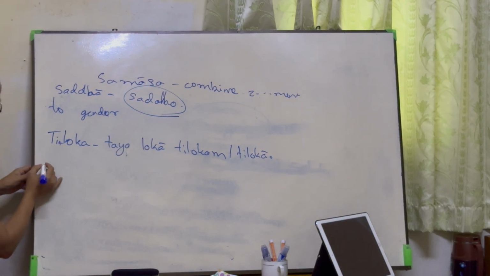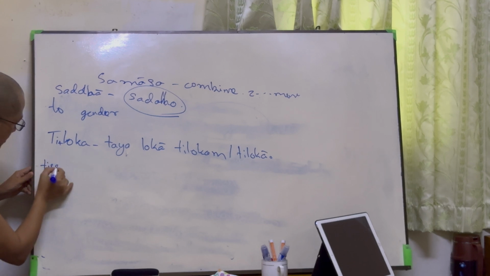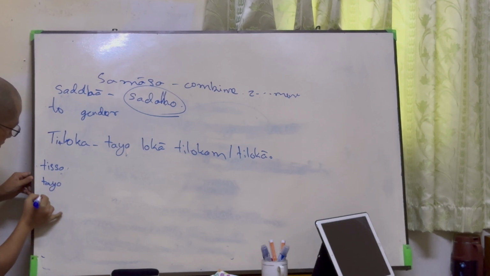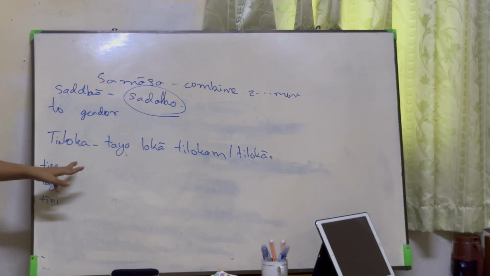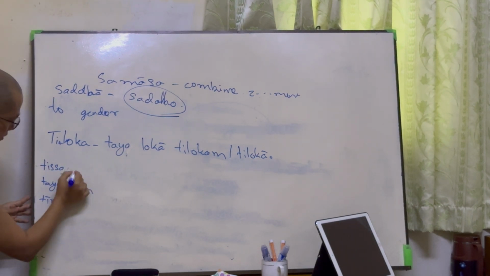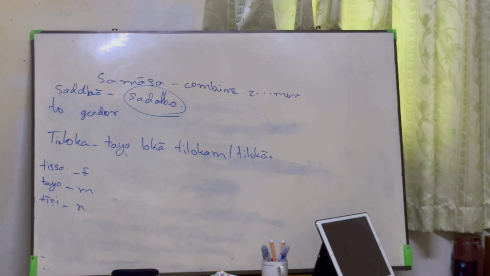The number ti changes to tisso, tayo, tini, based on the gender change. This is masculine, this is feminine, this is neuter.